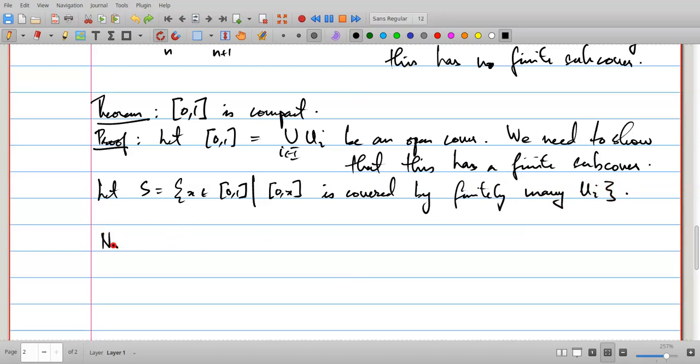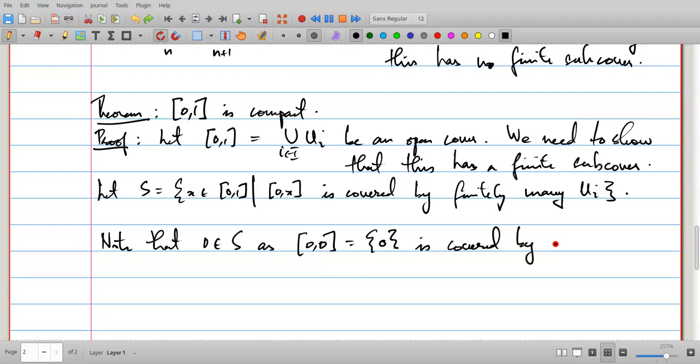So note that 0 belongs to S, as the interval [0, 0] is just the singleton, covered by any U_i containing 0.